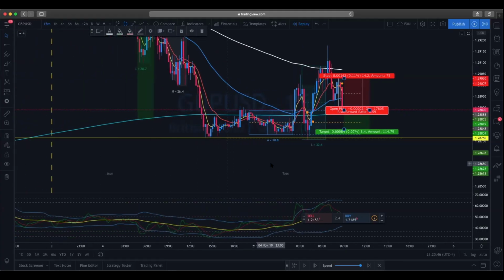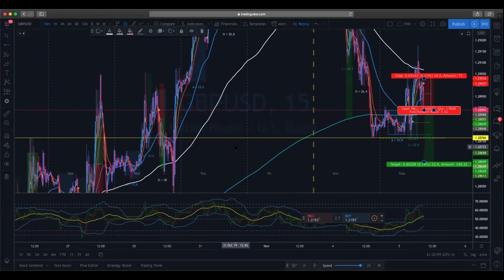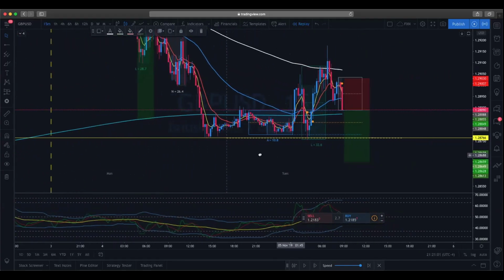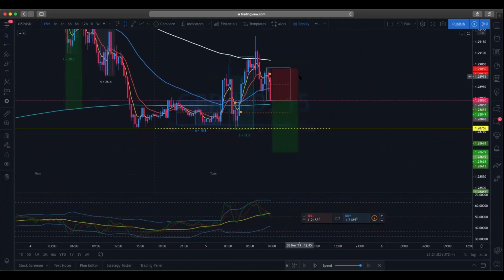You don't have the EMAs in your favor. So, I mean, what's 20 pips or so from there? Probably somewhere around right here. You don't have anything else really to use as a stop loss.